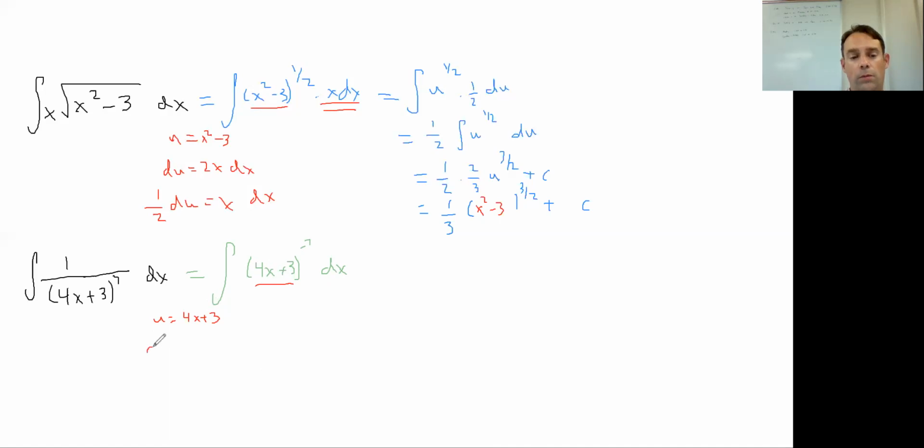So du equals 4 dx. Well, it doesn't quite match up. I only got a dx. I got to move the 4 to the other side, so 1/4 du equals dx.